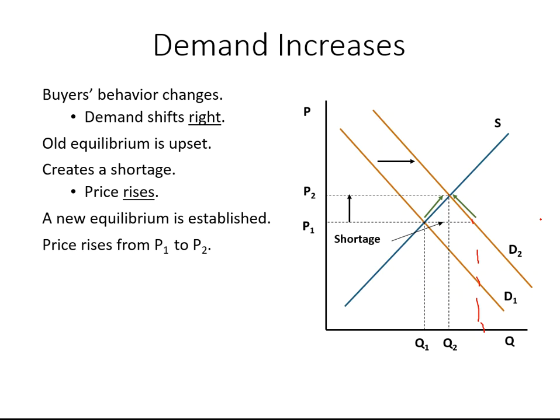So the new equilibrium price will be established, as well as the new equilibrium quantity. Q2 becomes the new equilibrium quantity, and P2 the new equilibrium price. So that is when demand increases, and how that affects the equilibrium point.